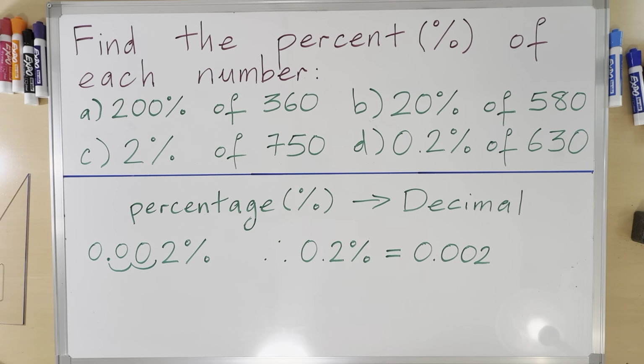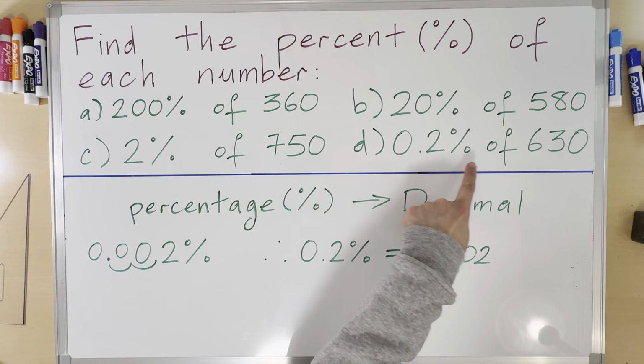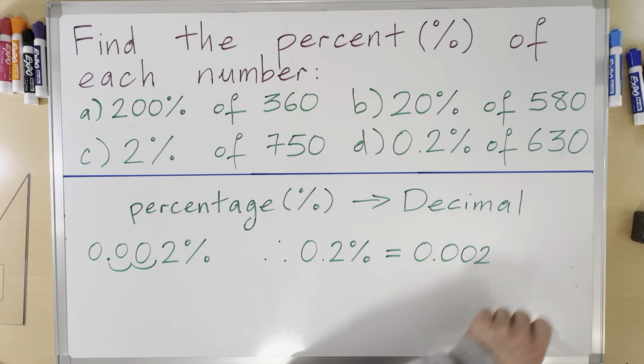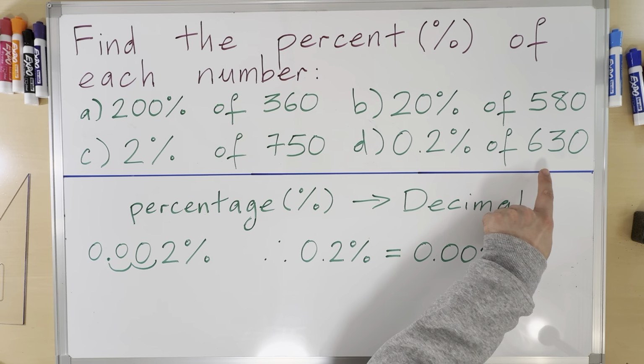This means that 0.2% of 630 is equal to 0.002 multiplied by 630.